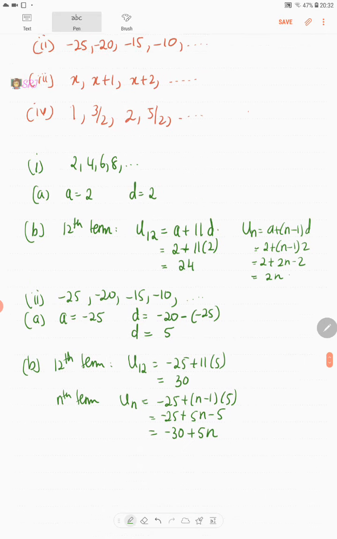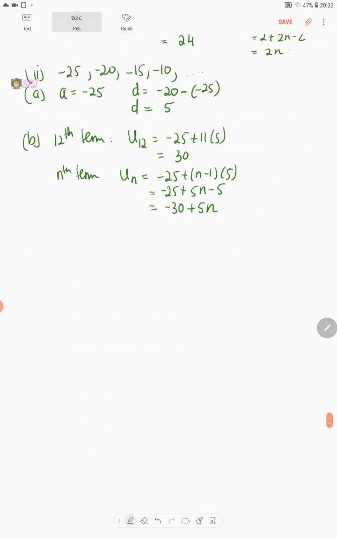Next we have x, x plus 1, x plus 2. The third one is x, x plus 1, x plus 2. So here a is x. We can see that it is an arithmetic progression because each time we are adding 1.